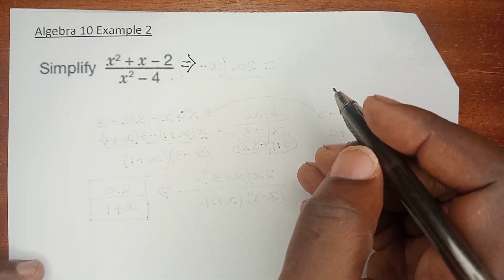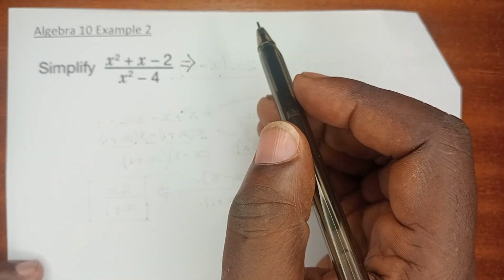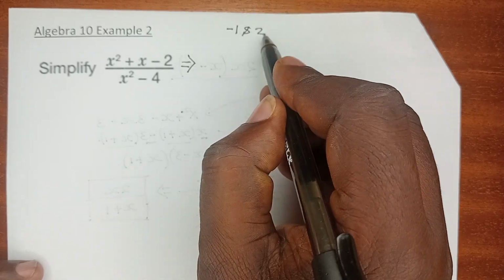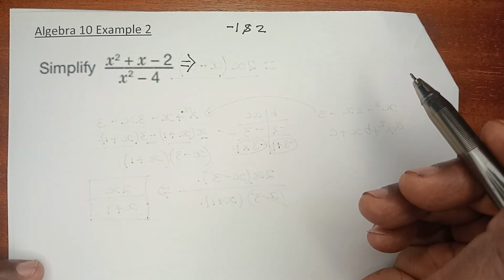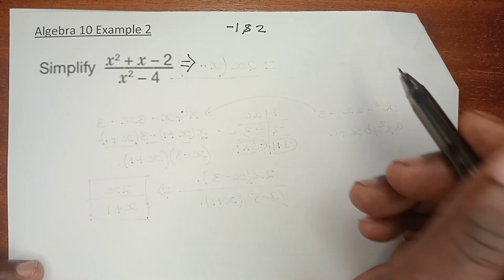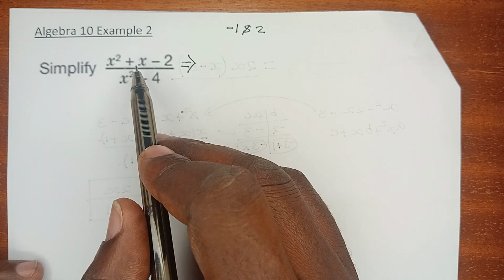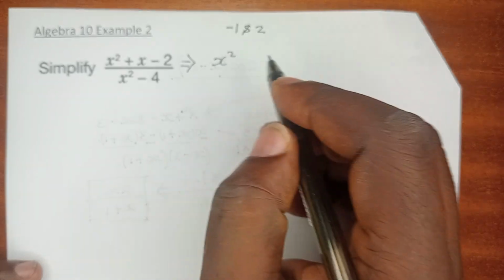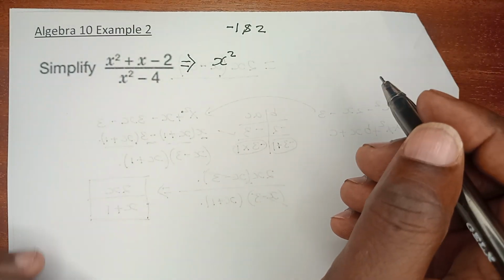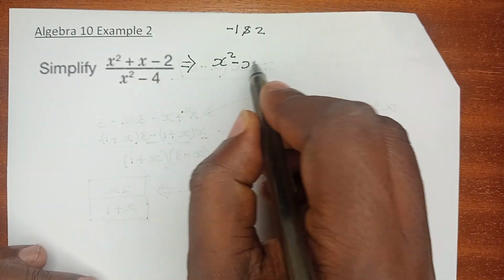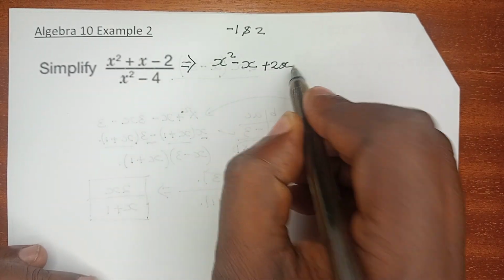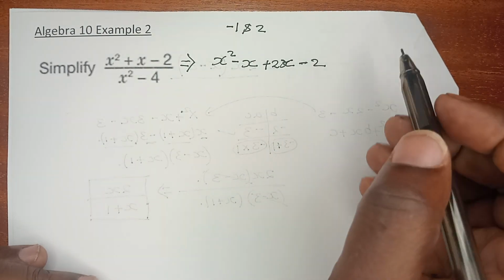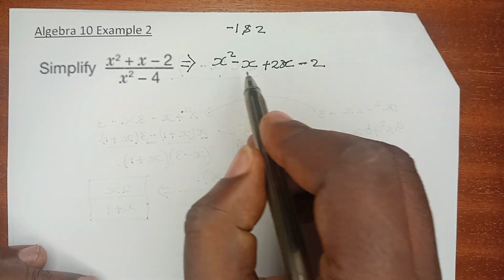After we have identified the two factors, I can see the factors are negative 1 and 2, such that negative 1 plus 2 is 1, and negative 1 times 2 is negative 2. So we break the middle term and we have x squared minus x plus 2x, finally minus 2. That is as far as the numerator is concerned.